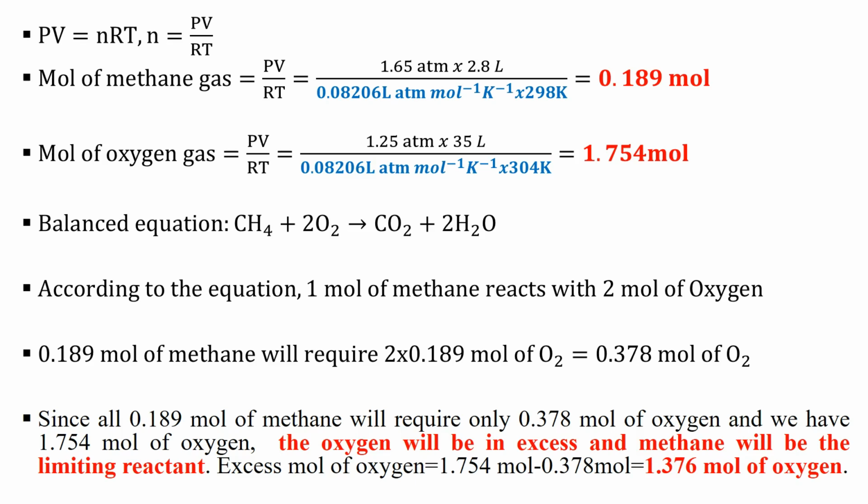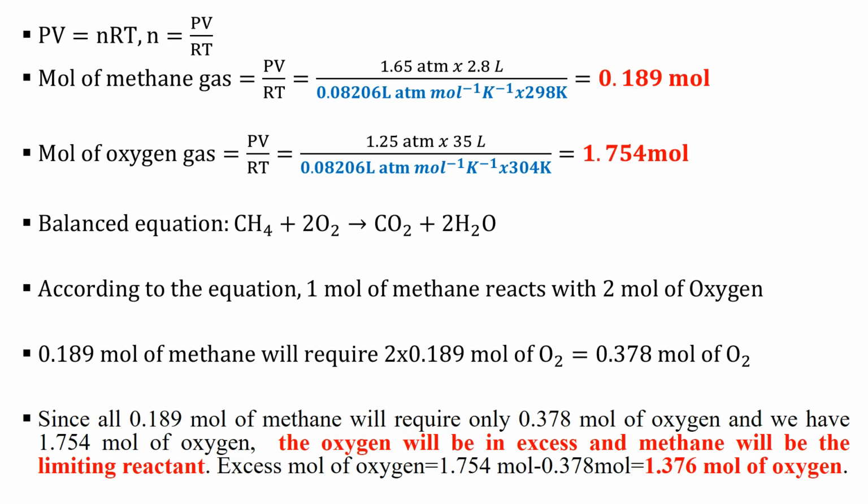According to the balanced equation, 1 mole of methane gas reacts with 2 moles of oxygen. Now, this 0.189 mole of methane gas will react with 0.378 mole of oxygen. So you see that not all the oxygen will react, only 0.378 mole of oxygen will react. Because the oxygen is in excess, the methane gas automatically becomes the limiting reactant.